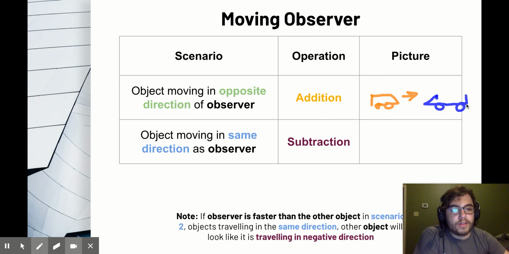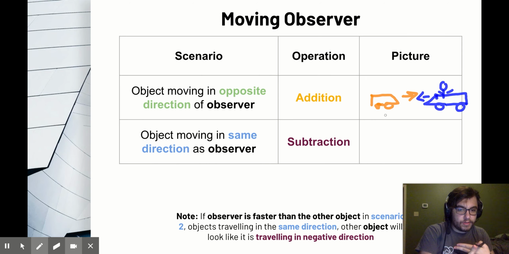Let's say these are future cars, like Elon Musk's really terrible one. So they're traveling in opposite directions, and the observer is actually inside one of these vehicles, okay? To the observer inside the vehicle, it will look like the speeds are adding together because by crossing paths, it will look like the object is going faster.